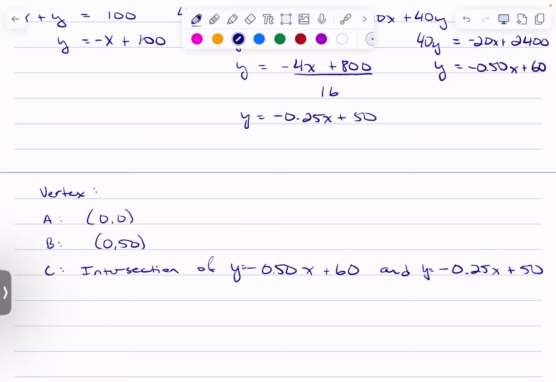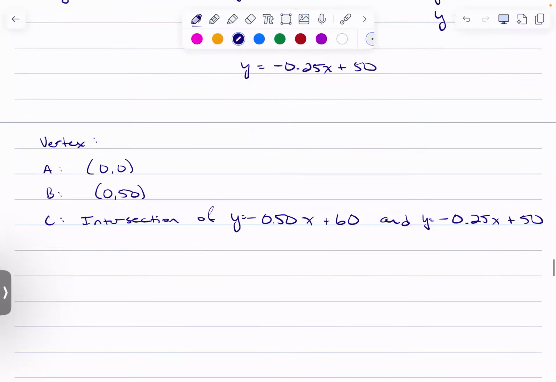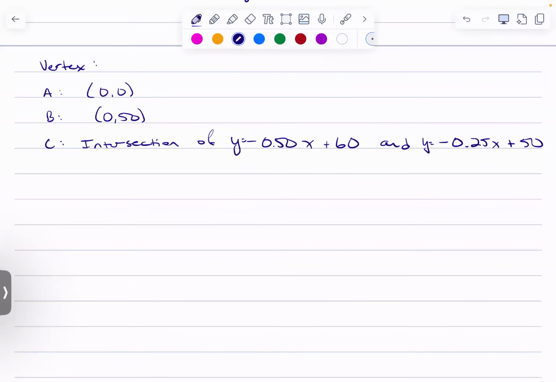We can solve for that intersection. Setting them equal to each other, I get negative 0.5x plus 60 equals negative 0.25x plus 50. Get x to one side: negative 0.50x plus 0.25x is 50 minus 60.